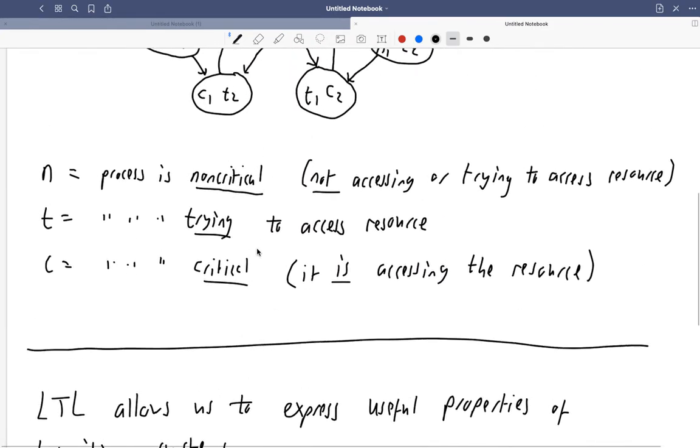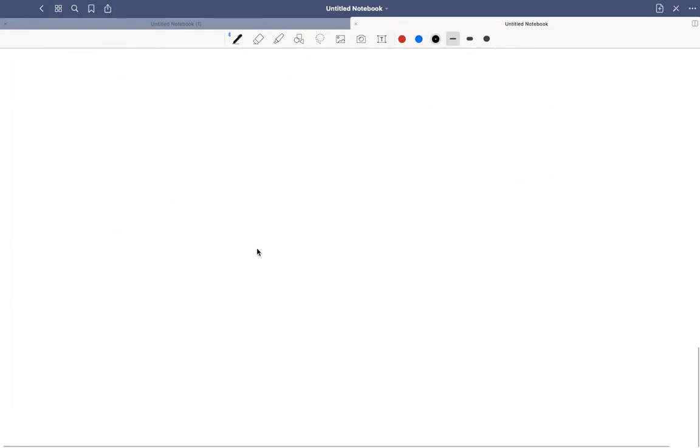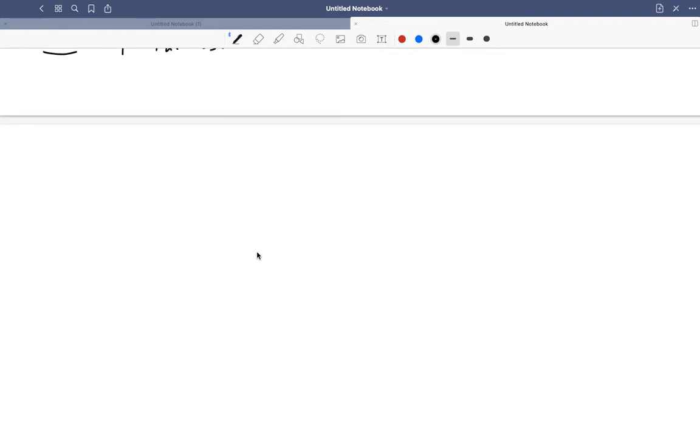So in the above example, let's consider some properties of interest. Two properties of interest in the above example.